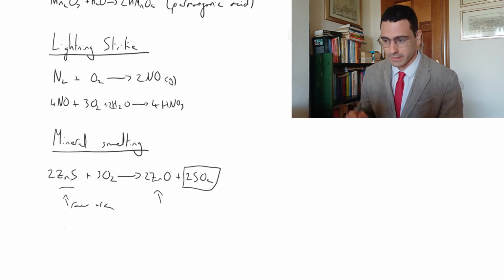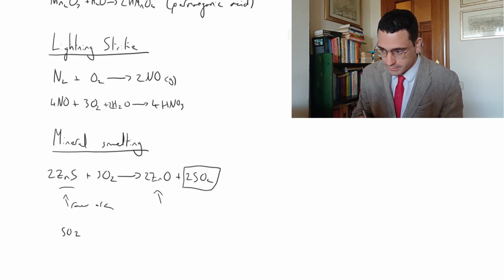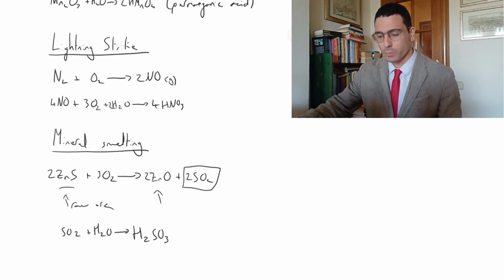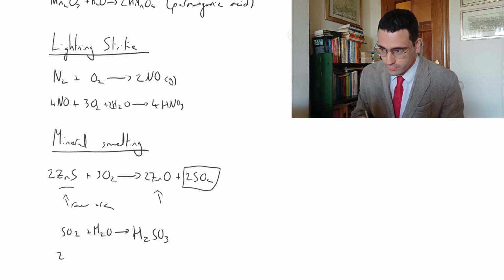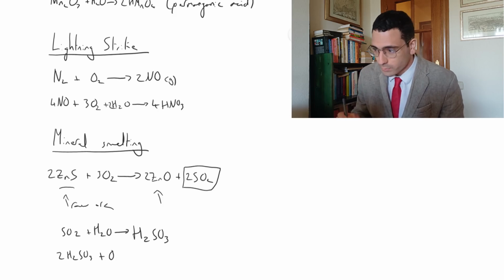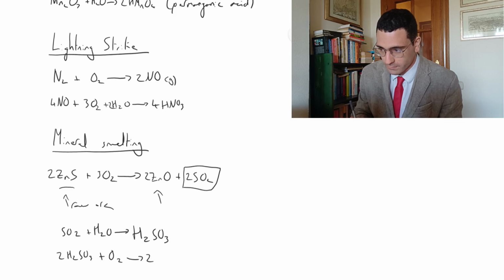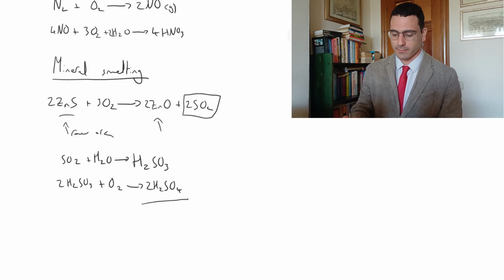So I'll very quickly draw how this happens. This would be sulfur dioxide plus water will generate H2SO3, which is basically your sulfurous acid. Now, this then will react with oxygen to form the sulfuric acid, which we all know and love, which is this one.